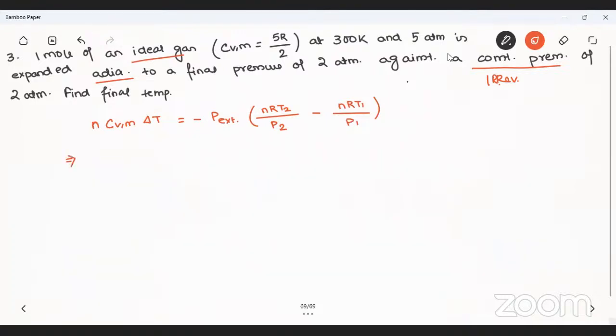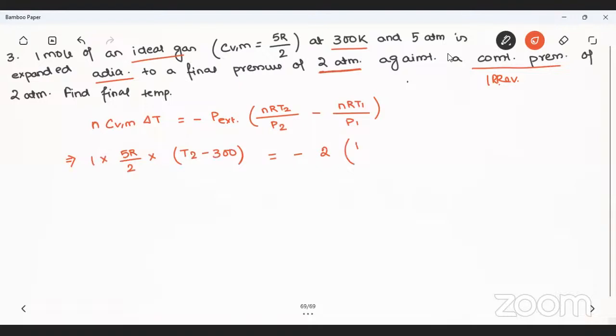What is n? 1. Cv,m is 5R by 2. What is delta T? T2 minus 300. What is the P external? I told you to consider the final pressure as the P external. So 2. Okay.